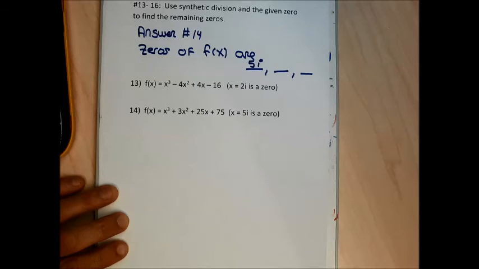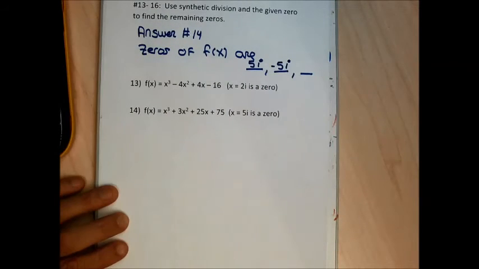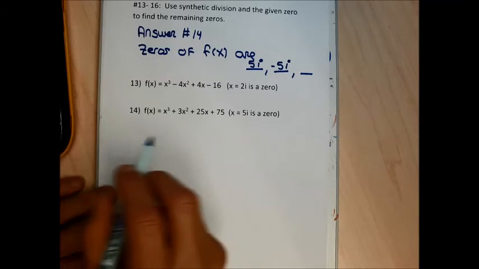I know that zeros with i's come in pairs, so negative 5i must also be a 0. Unfortunately, I don't know what the third 0 is, and I'm going to need to use double synthetic division to get it. So to find out the third answer, I'm going to do synthetic division.